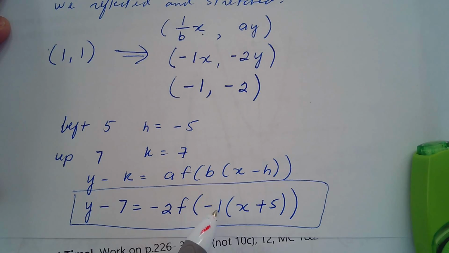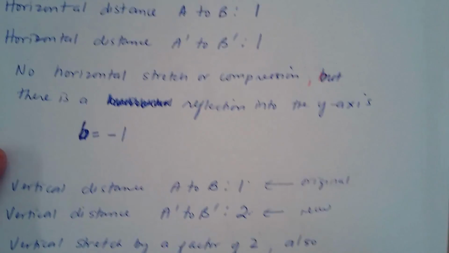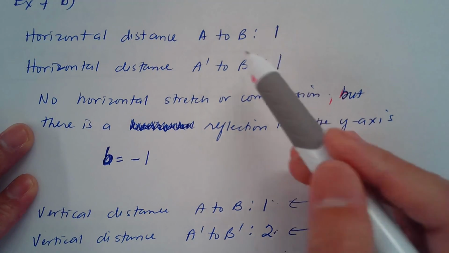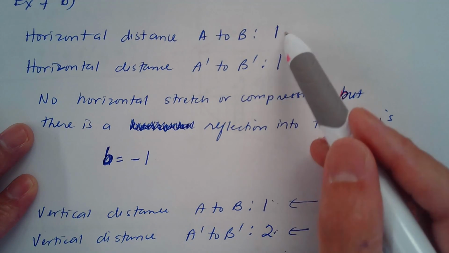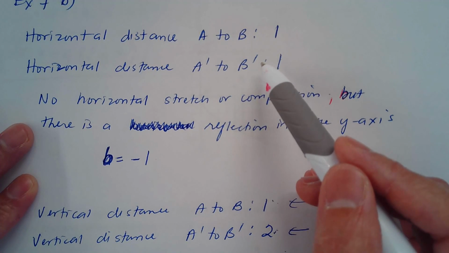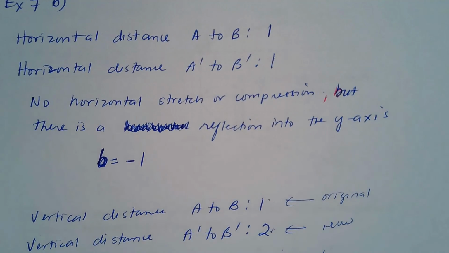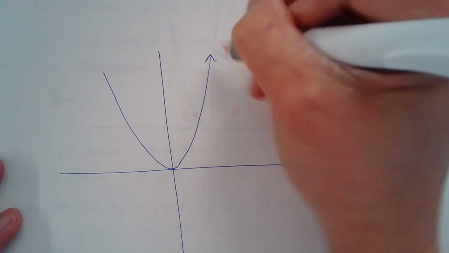This one here? Okay. Because of this one in here, the horizontal distance from A to B is 1, and the same for A prime to B prime. Maybe I should do it like this. The original function looks like this.